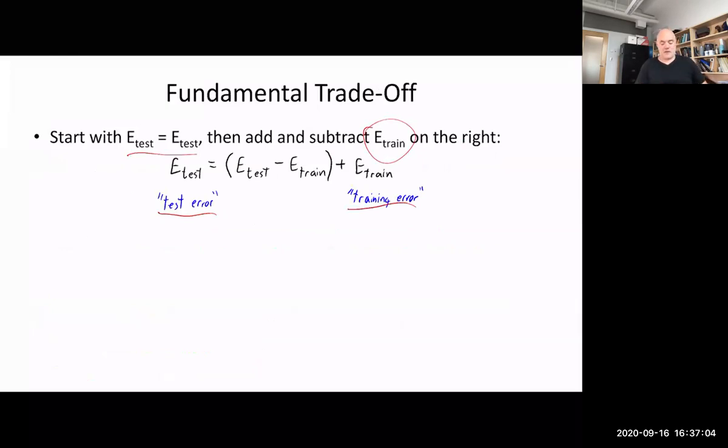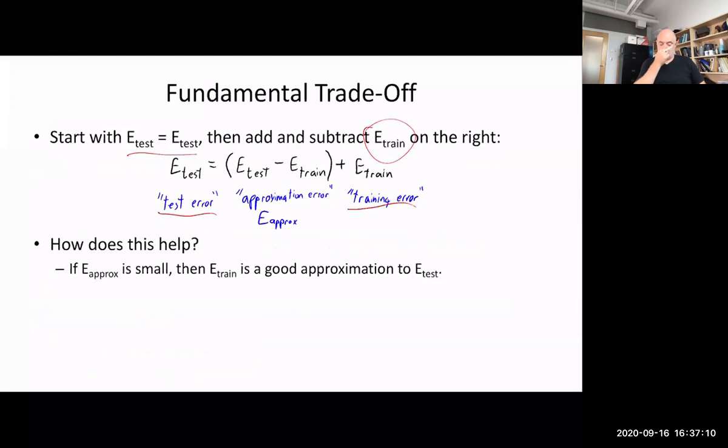The approximation error is this thing in the middle, this difference. So this is basically just a perspective. How does this perspective help? It helps you think about what's going on with your models. If this approximation error here is small, then the training error is a good approximation to the test error.